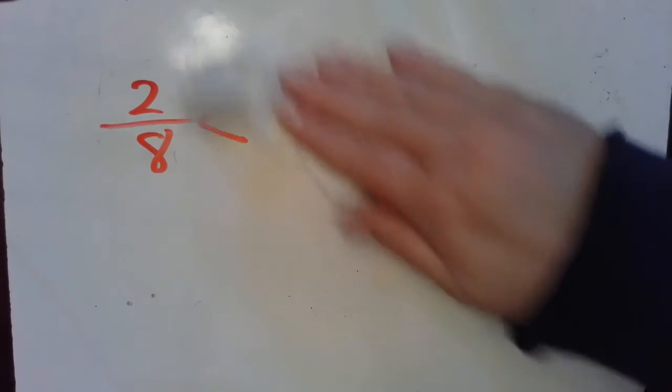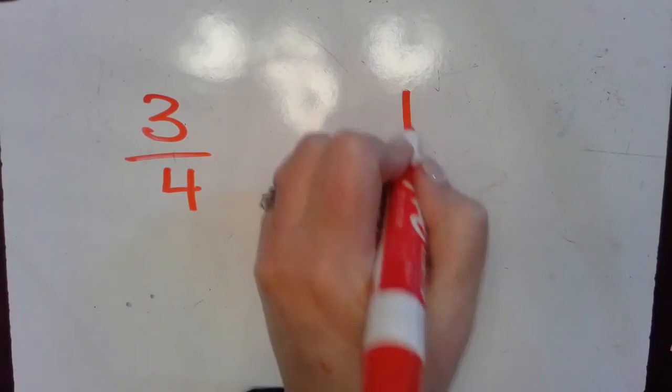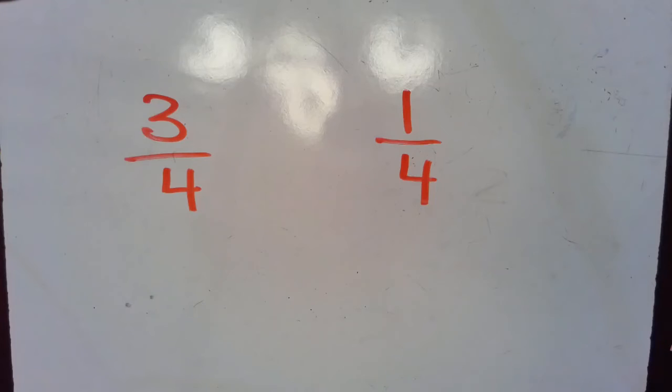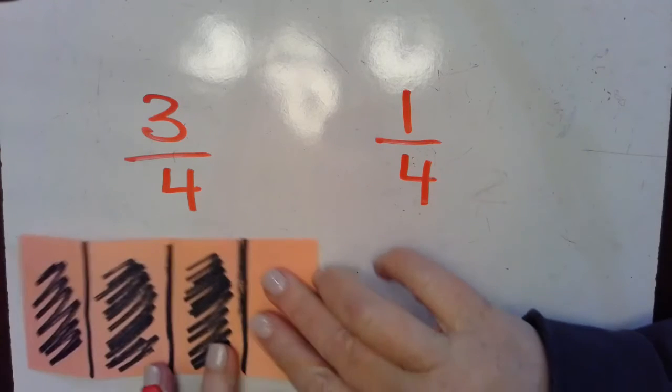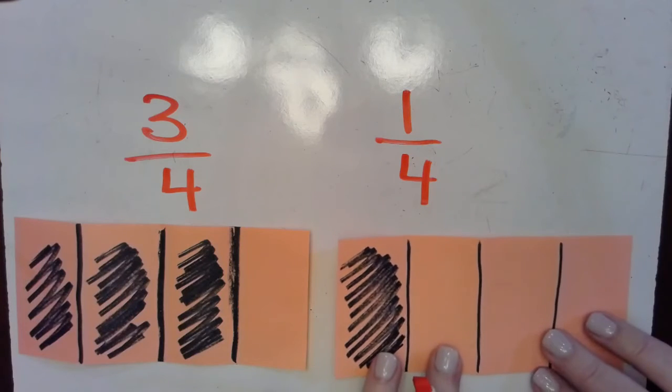All right. In addition to common numerators in third grade, common denominators should be used to compare fractions as well. Okay, so if I were comparing 3/4 and 1/4, I might draw a picture that looks like this. 3/4, 1/4.